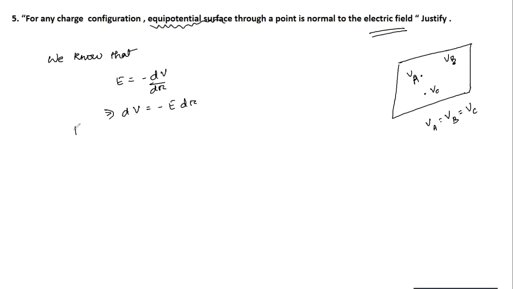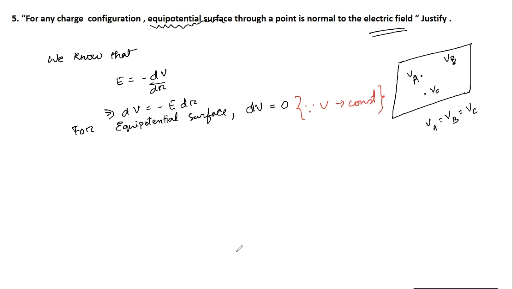But we know that for an equipotential surface, there is no potential difference. That is, dV equals 0, because V is constant there.